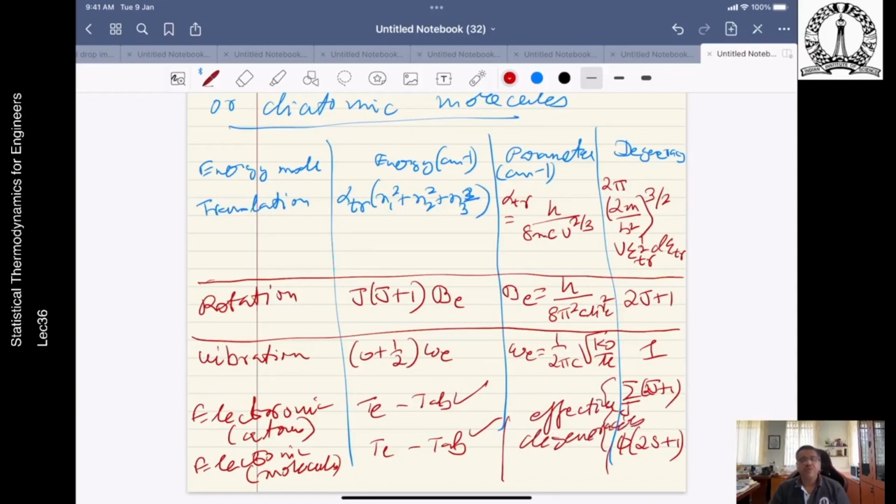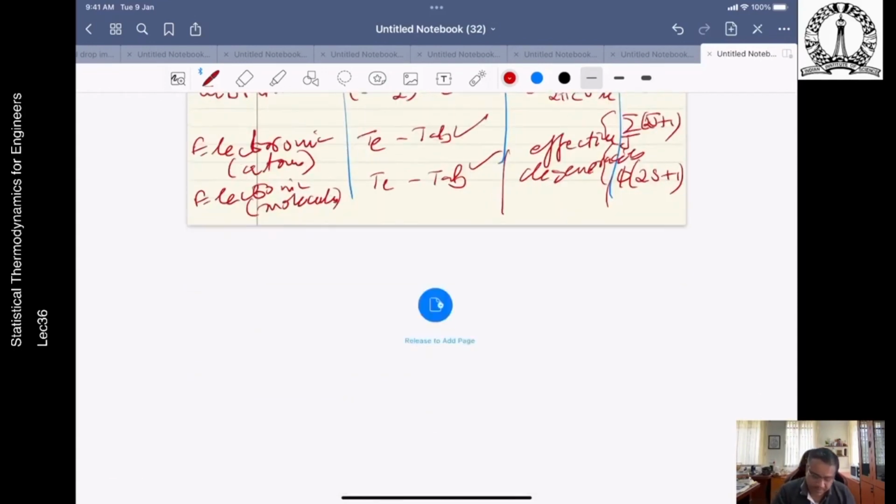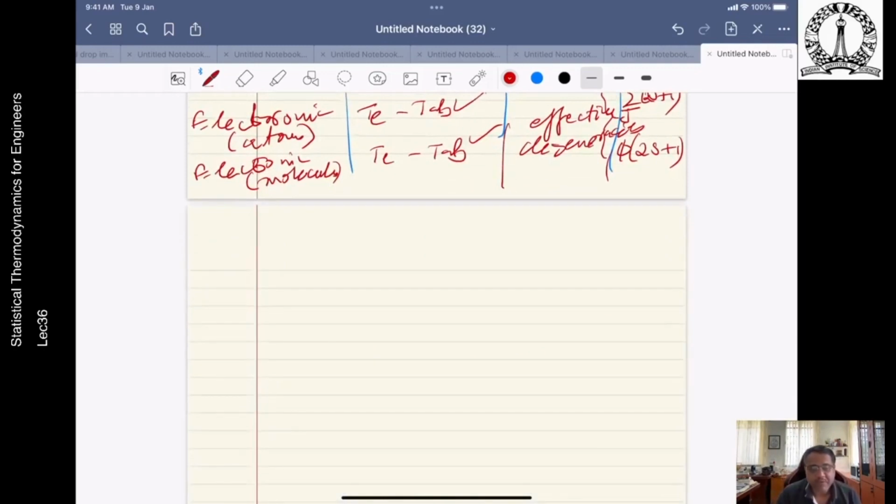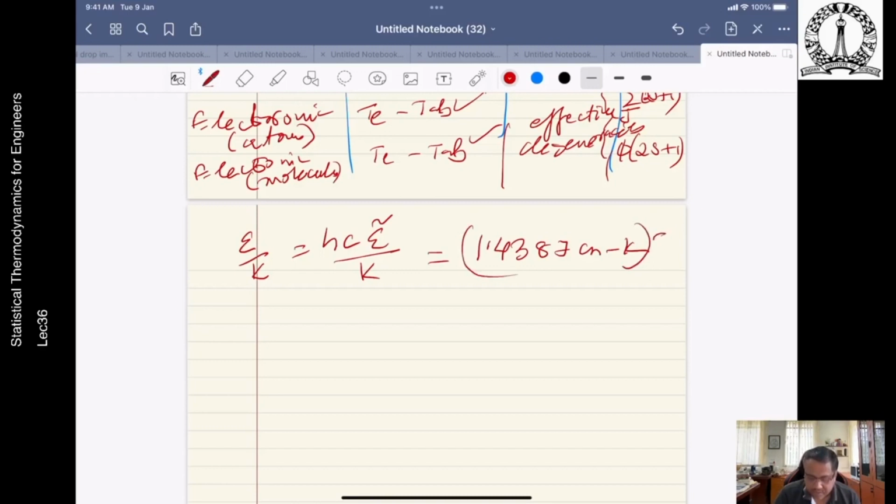Okay, so now in calculating the thermodynamic properties, it may be prudent to cast all these energies in terms of the temperature. So, for example, you can easily convert it to temperature by hc by k, which is about 1.4387 centimeter Kelvin per energy.